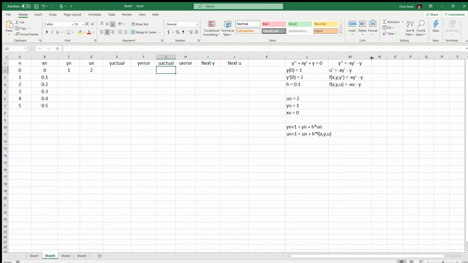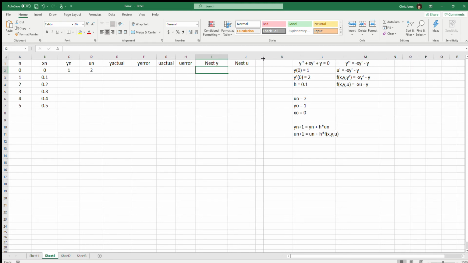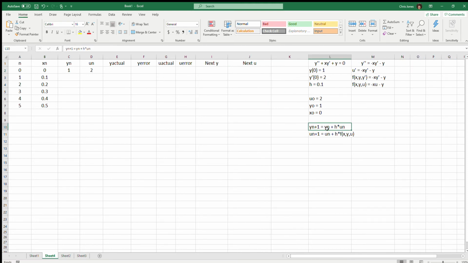Now, what is the next y value, or in other words, the y approximate value? Well, we're just going to use our formula. This formula right here says that it's going to be equal to the current y plus the step size times the current u. And remember, we got 1.2. It's 1.2, not surprising. The next u is going to be equal to the current u plus 0.1 times f at x comma y comma u.